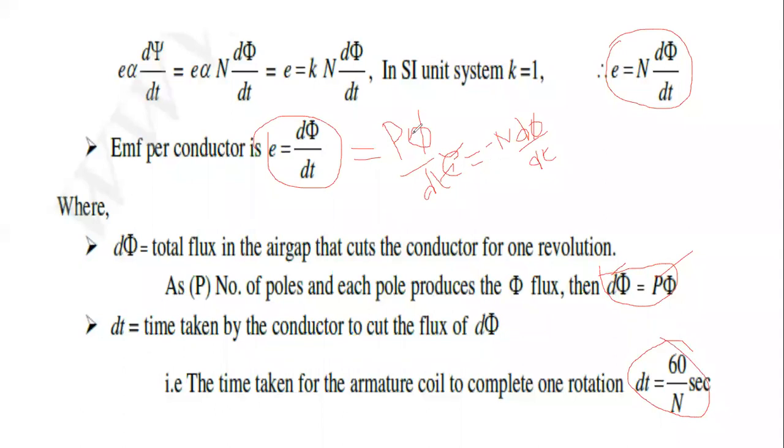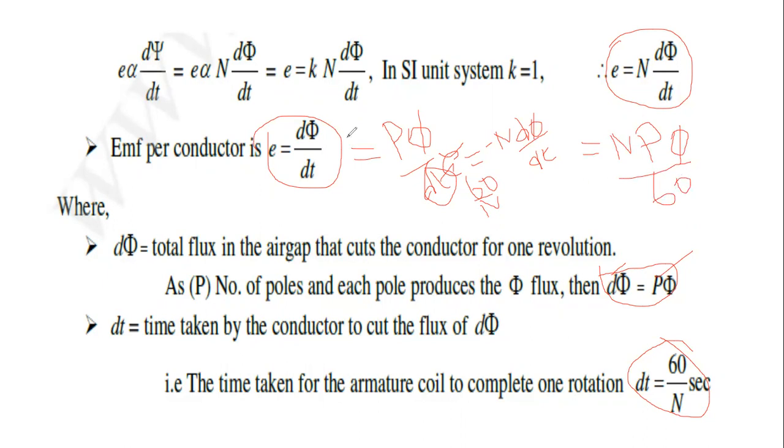Therefore we replace dt with 60 by N seconds, so P phi divided by 60 by N, which can be written as N P phi by 60.